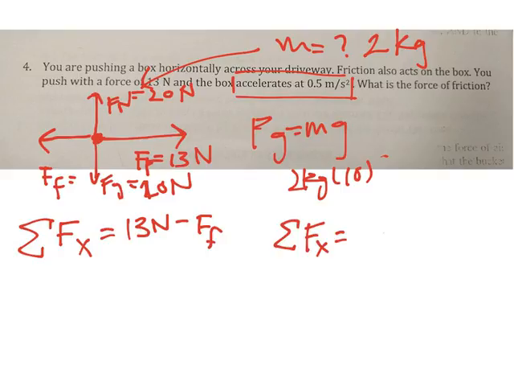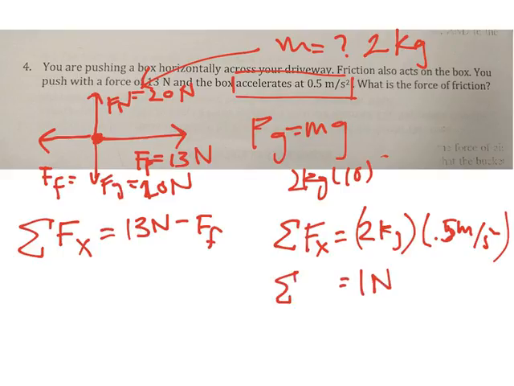And we know that the force is equal to the mass times the acceleration. We do know the mass, so it would be 2 kilograms times 0.5 meters per second squared. A relatively light box, so it's only accelerating a little. 2 times 0.5 is 1 newton. So your total net force is only 1 newton.